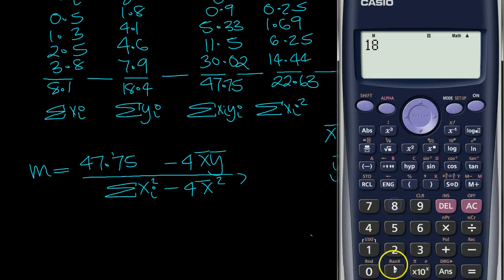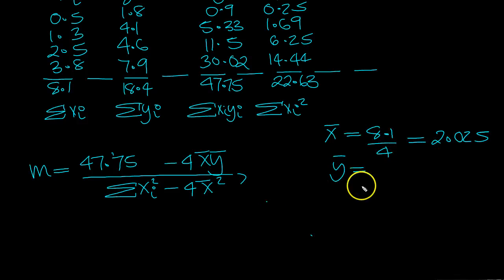And y bar is 18.4 divided by 4, which is 4.6. Okay, that's y bar. So we can replace that then, x bar, y bar. 2.025, that's x bar. y bar is 4.6.